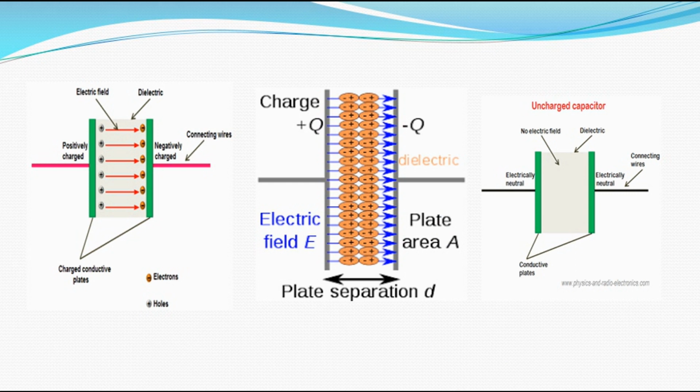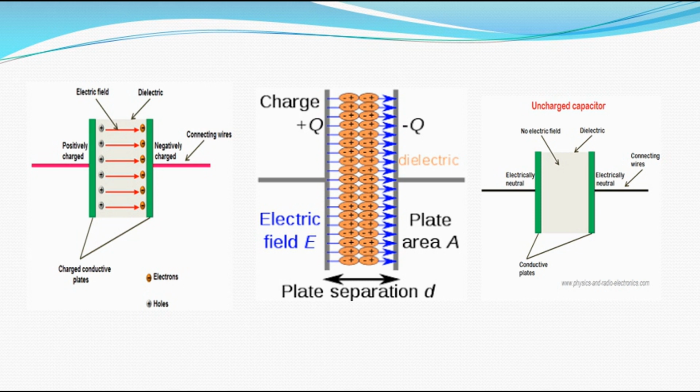Now, in this case, from our left hand side, we have positive at the right hand side and negative at the left hand side. The distance that you are seeing, those arrows going from positive to negative, is called the electric field.